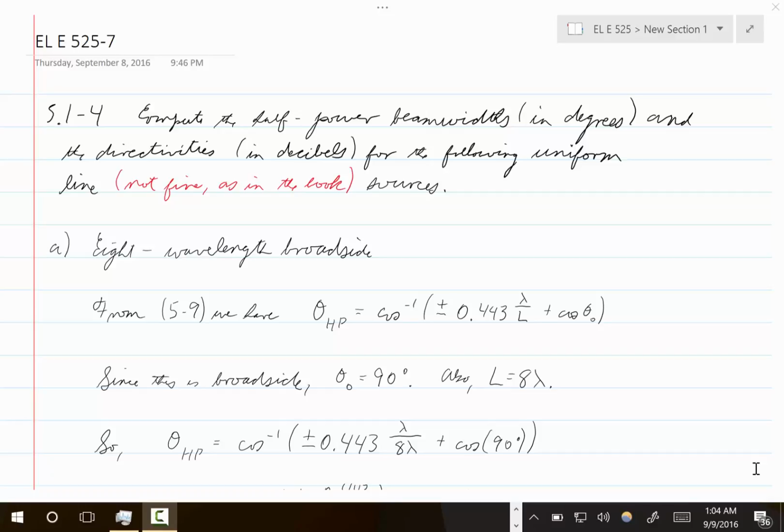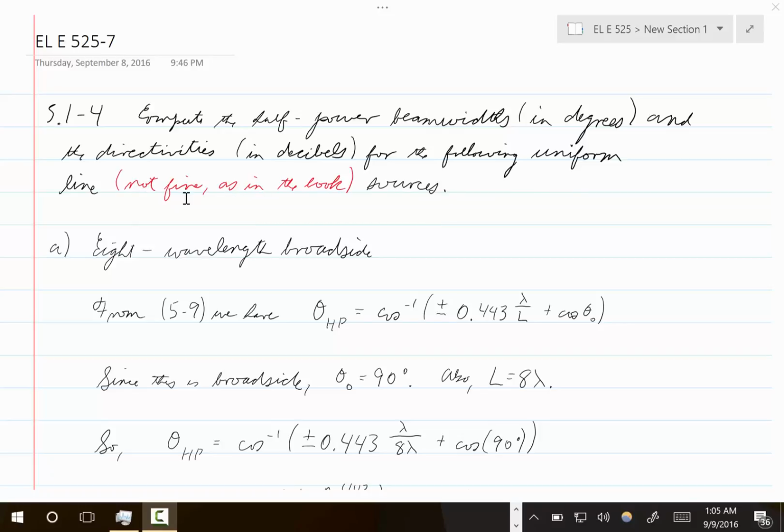We'll be looking at parts A and B of problem 5.1-4. And that problem is as follows. We're asked to compute the half-power beam widths in degrees and the directivities in decibels for the following uniform line sources.